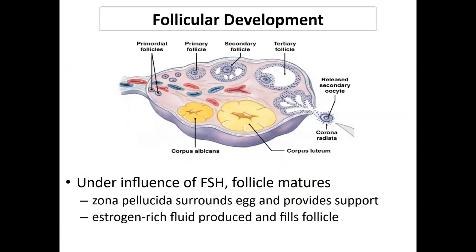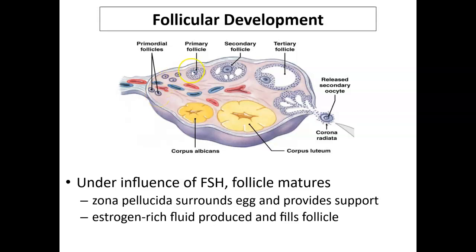This is an illustration of an ovary, and it demonstrates the development of the egg-containing follicle. You can start with these primordial follicles, and these tiny structures are essentially the starting point for egg development within the ovaries. Each primordial follicle consists of an immature egg surrounded by a layer of supporting cells.